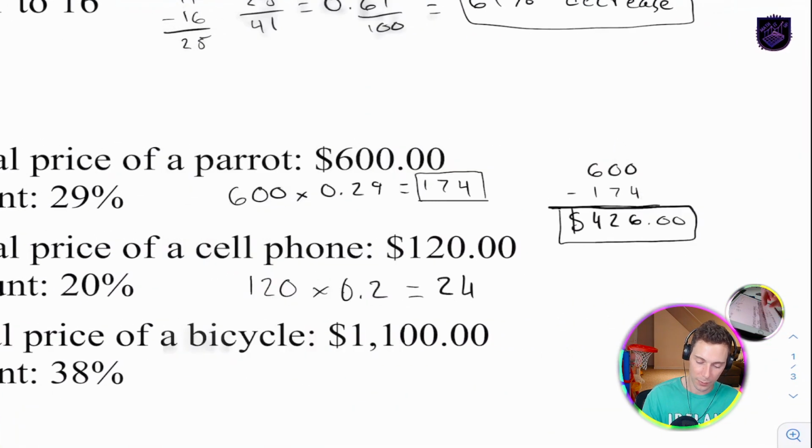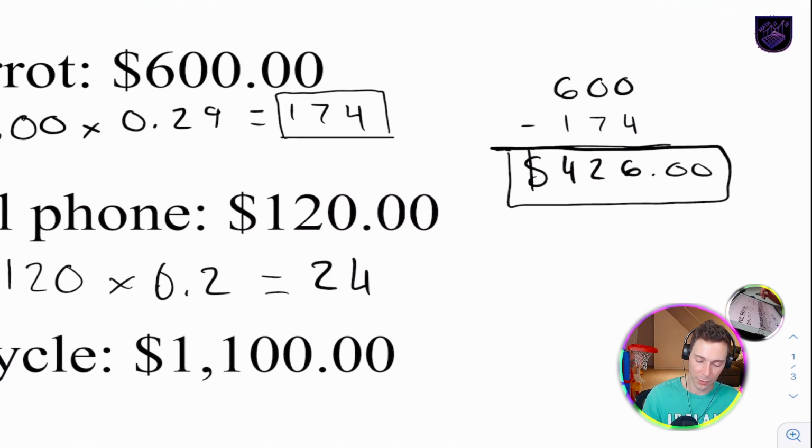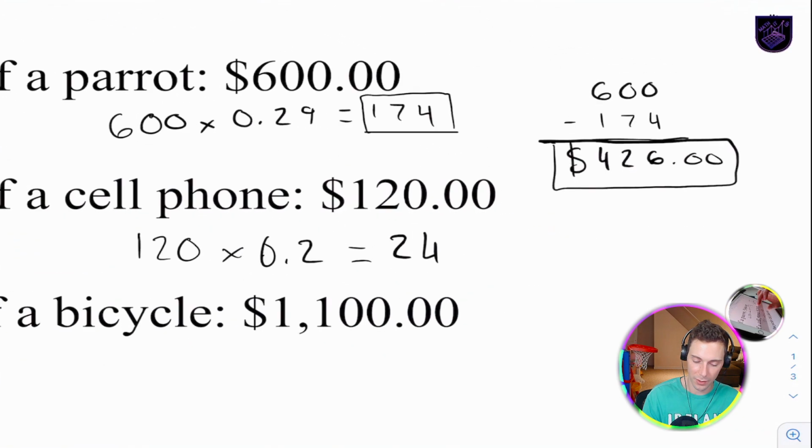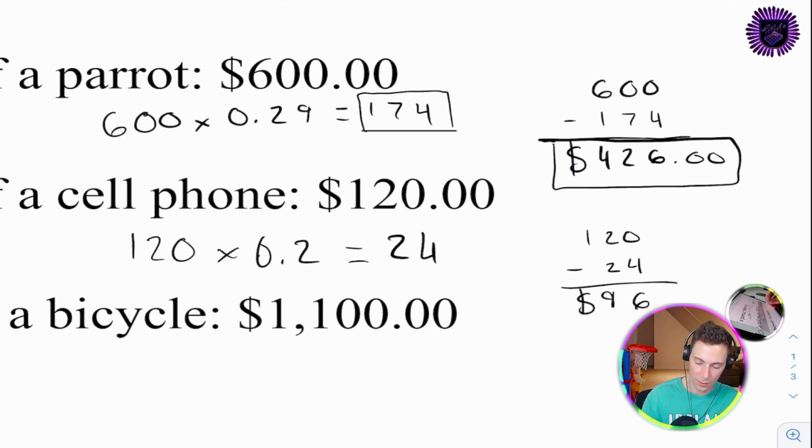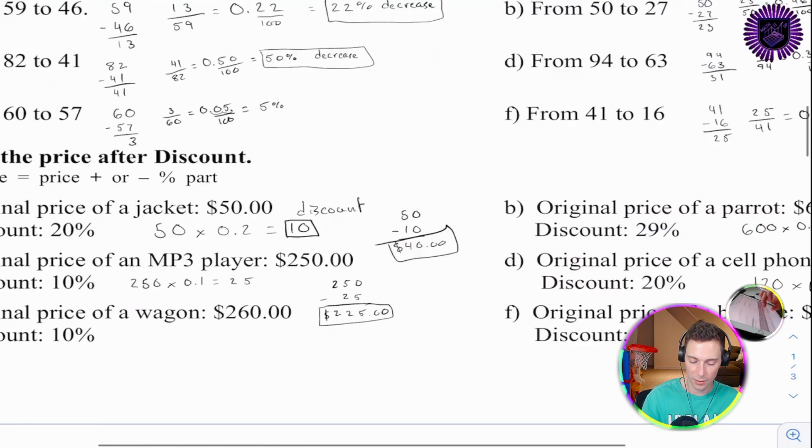Okay, so 24 is our discount. We get $24 off that cell phone. And we're going to go 120 minus 24 is going to equal $96. So our price after discount will be $96.